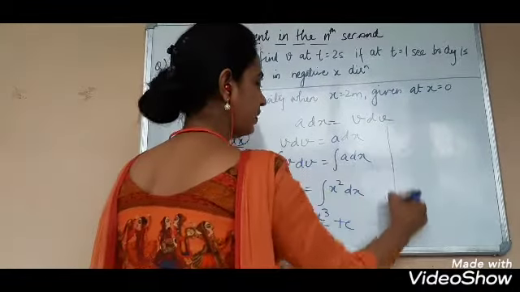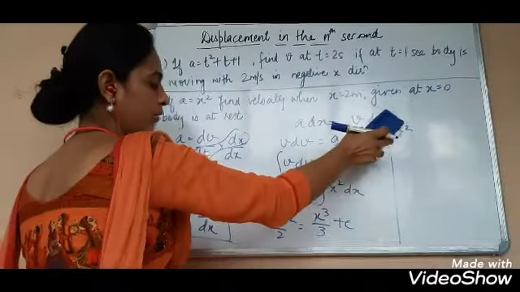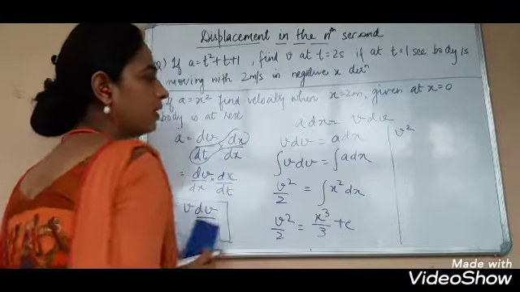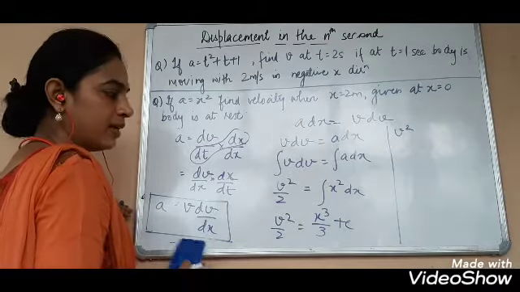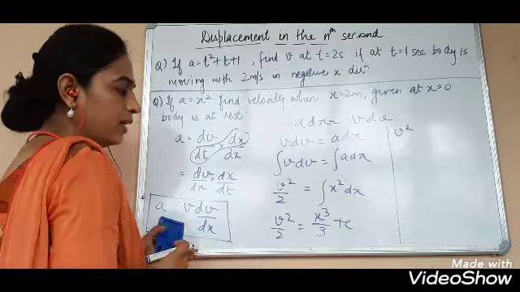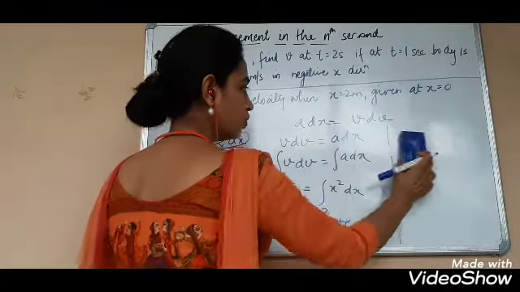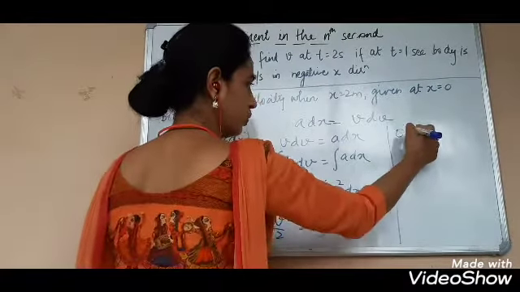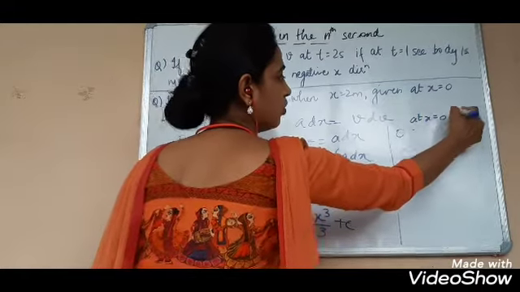So we can write v square by 2. Now you have to apply the condition given at x equals 0, the body is at rest. If the body is at rest at x equals 0, that means when you substitute x equals 0, velocity will also be 0.